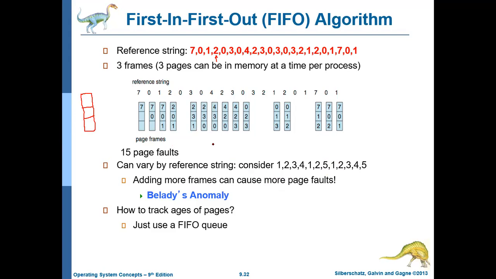Now, in general, if I am asking that if we are increasing the number of frames, instead of 3 frames, if we are using let's say 5 frames, so number of page faults will be increased or number of page faults decreased? What can you think? We are increasing the number of frames. Number of page faults will increase or decrease?